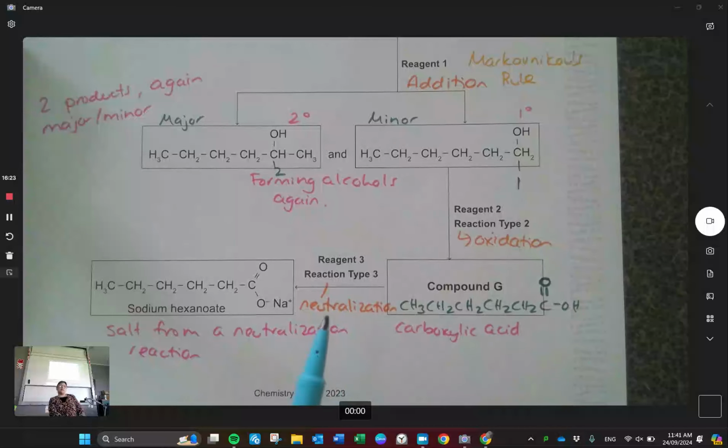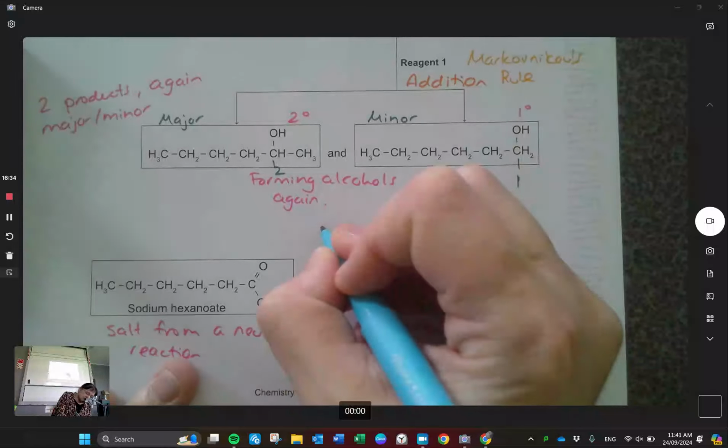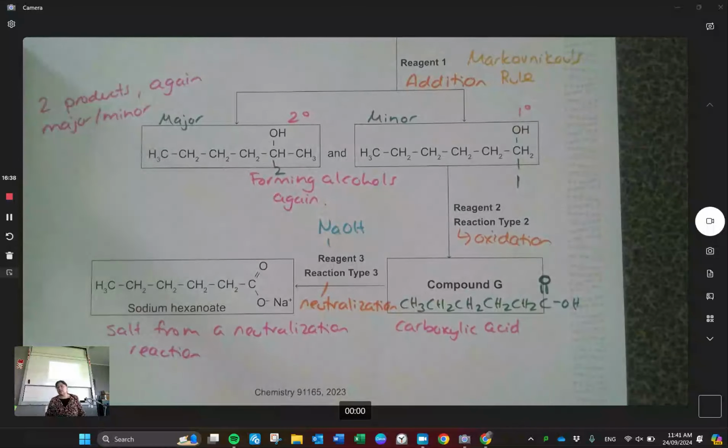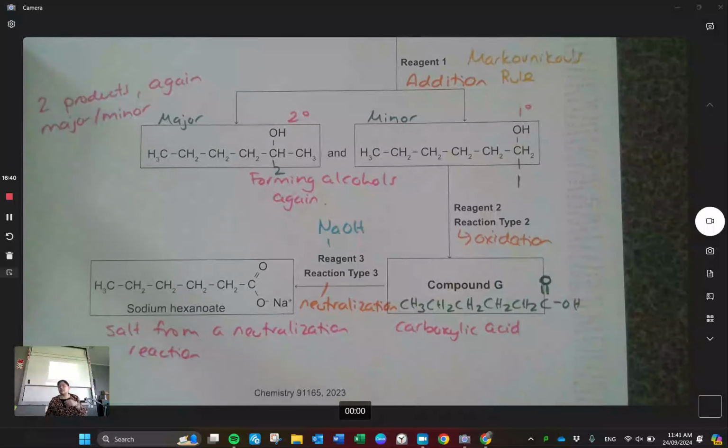All right, so this here is a neutralization reaction, so I need a base. The base that I'm using in particular is sodium hydroxide because I see sodium is the cation that was attached to it. So this reagent here is NaOH. In order to do an oxidation reaction, I need some sort of oxidant. So we have lots of choices. You can use permanganate or you can use dichromate. Either one is going to be correct.